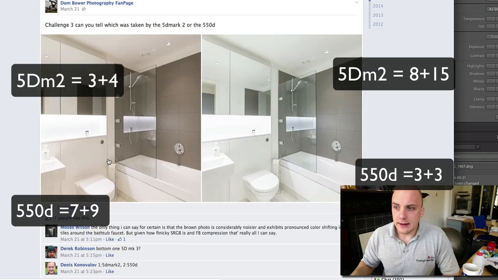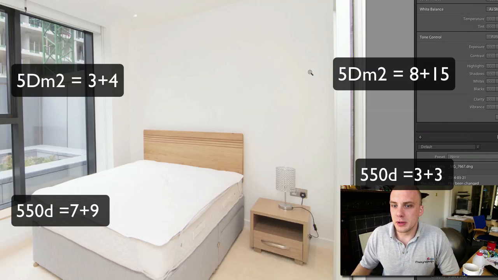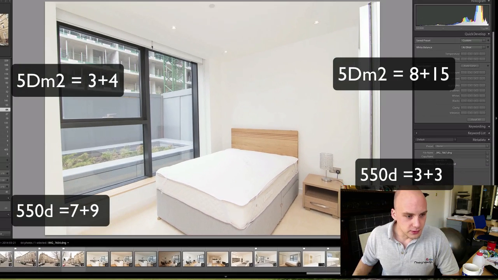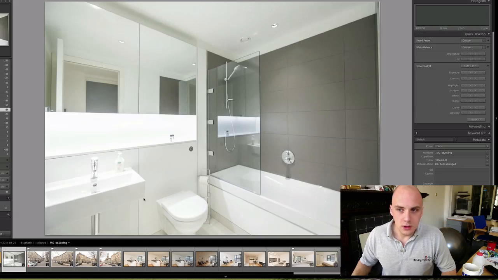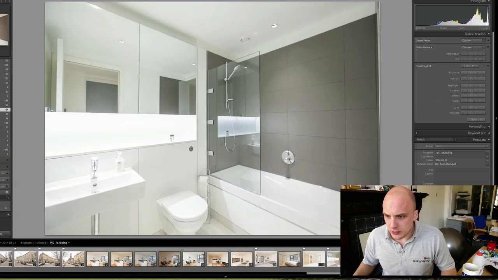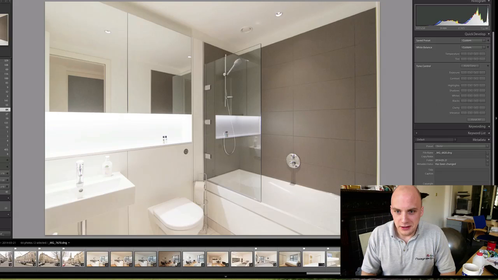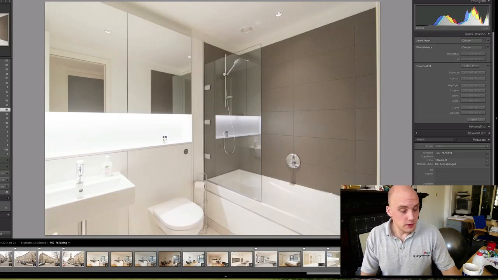The thing is, I can't quite remember, so I'm having to go back into the files and see what they are. So which one's which? Okay, so the browner one, you are correct.